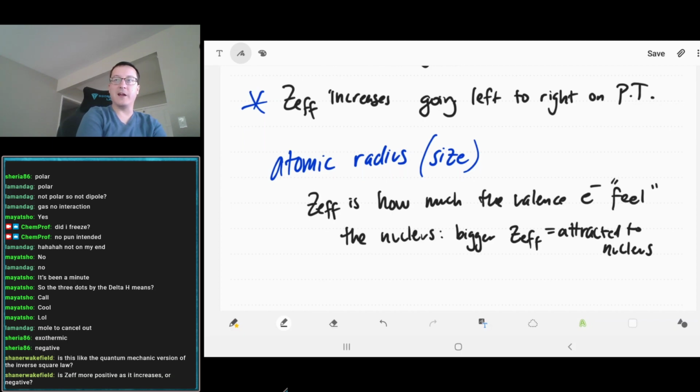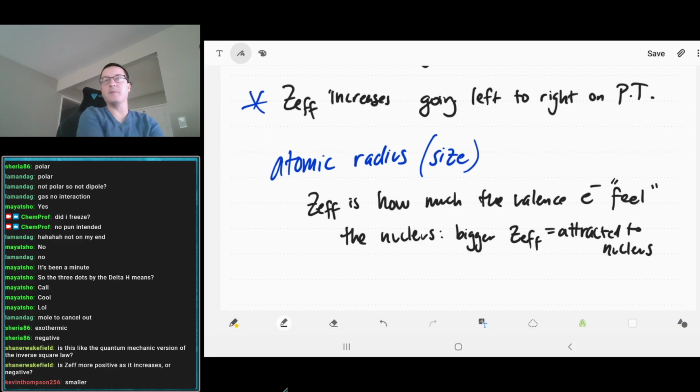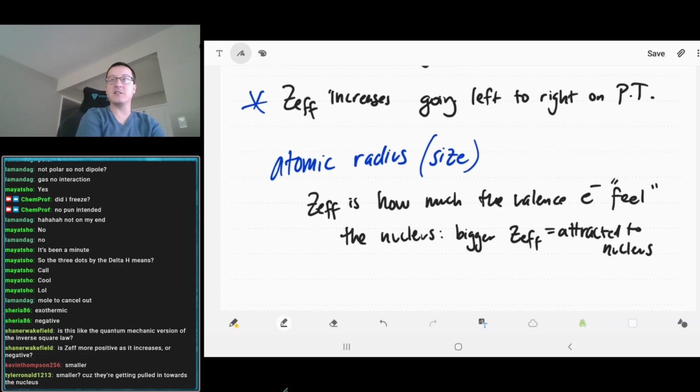And so if you can imagine, if electrons are attracted to the nucleus, do you think that's going to make the atom bigger or smaller? If the outside of the atom is kind of defined as where the valence electrons are. So putting that another way, if the valence electrons are feeling the nucleus more, valence electrons being negative, nucleus being positive, they're just going to be pulled in more.